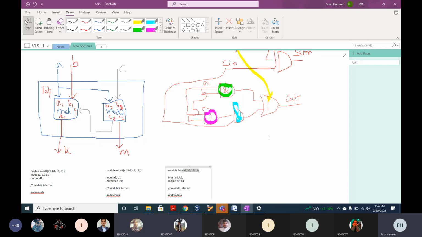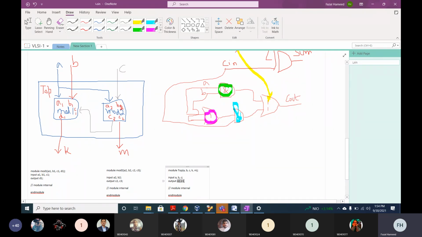A, B, C, and then K, M. What are the inputs to the module? A, B, C. What are the outputs?